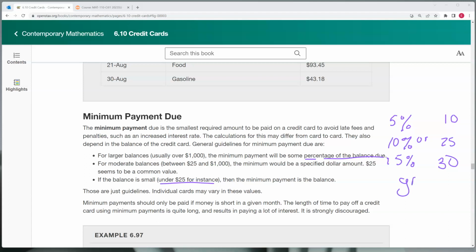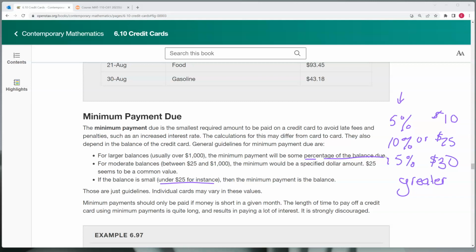So if you've got a credit card and you're carrying a higher balance, then that typically tends to be the percent. If you're carrying a lower balance, then sometimes it's just the dollar amount of the minimum payment that you have to pay.